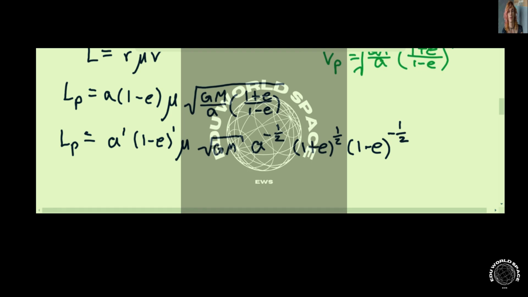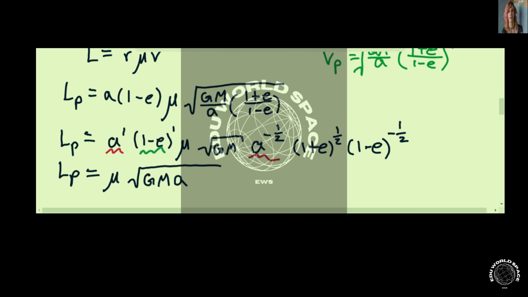Okay, and then when we simplify these, I've got an a to the power of 1 and an a to the power of negative 1/2. So in total, that's a to the power of positive 1/2. I just add the exponents. 1 plus negative 1/2 is positive 1/2. So that puts my a inside the radical. I still have the mu outside the radical here, so I'm going to write that. The GM was already inside the radical. Now my a has moved inside the radical. My 1 minus e does the same thing.